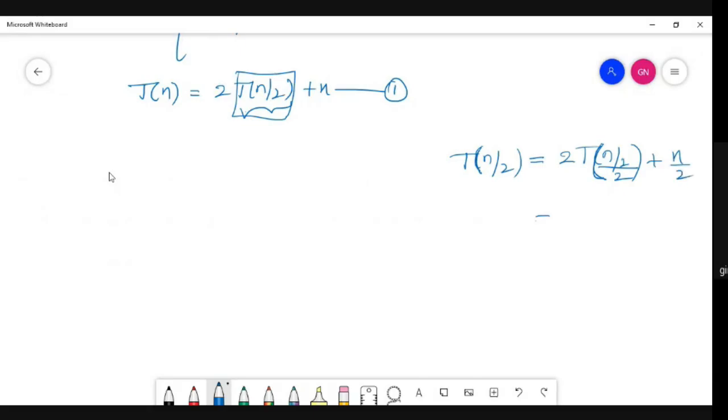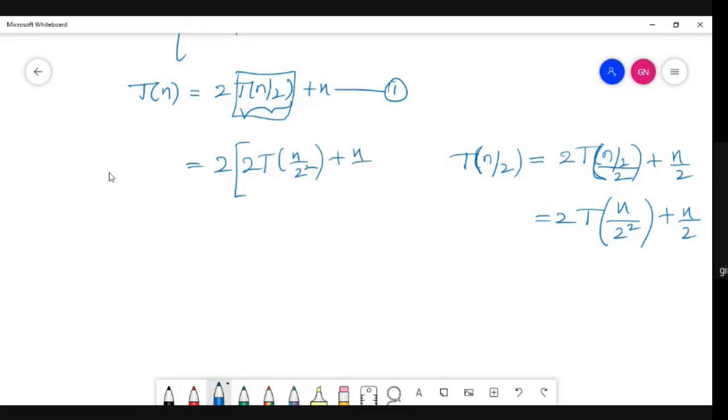Right now I'll not multiply, just keep it in mind. I'll not simplify it. Observe carefully. I'll just take it as 2 square. This is n by 2 square. Clear? Now I'll substitute this. Already 2 is outside, so twice of T(n by 2 square) plus n by 2 I have.